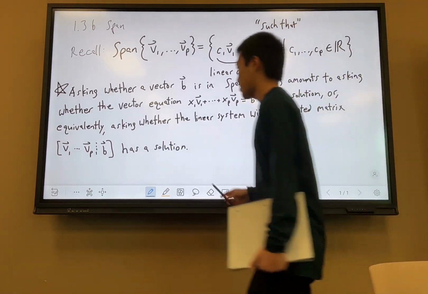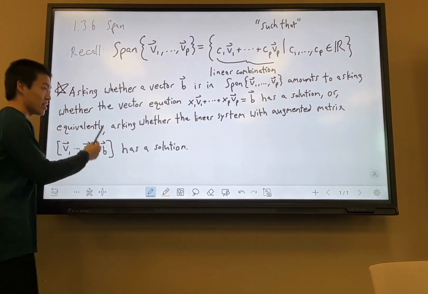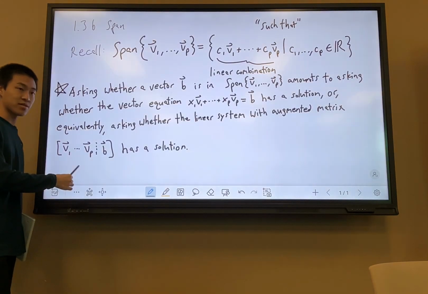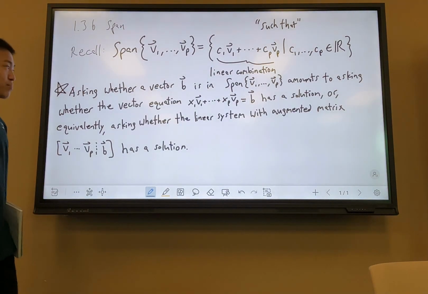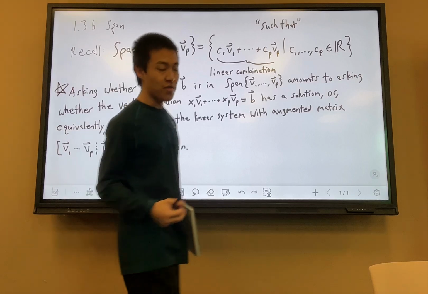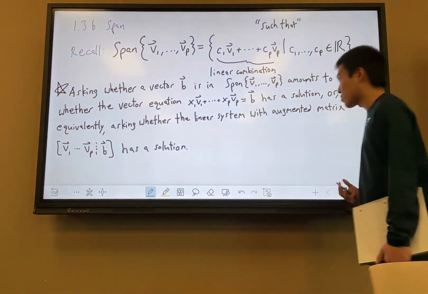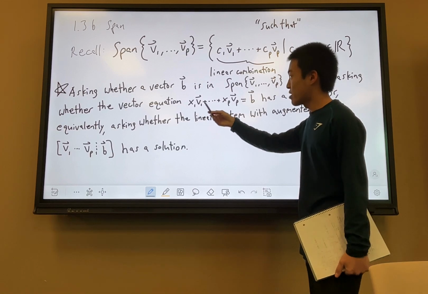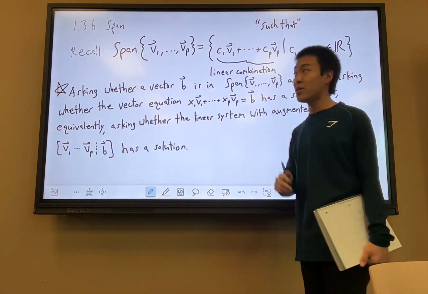Or, there's another way we can think about this. Equivalently, we can ask whether the linear system with this augmented matrix has a solution. Remember from the previous lecture all the different equivalent ways we could denote something. We talked about translating between the vector equation and the augmented matrix.